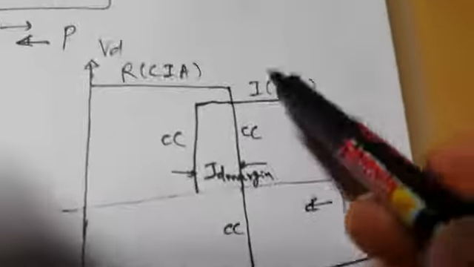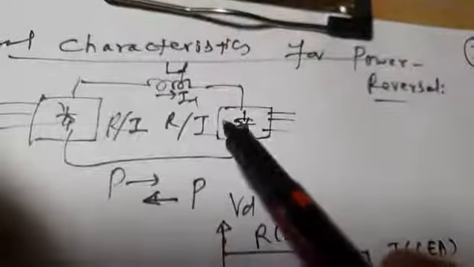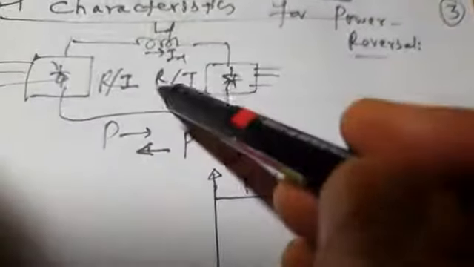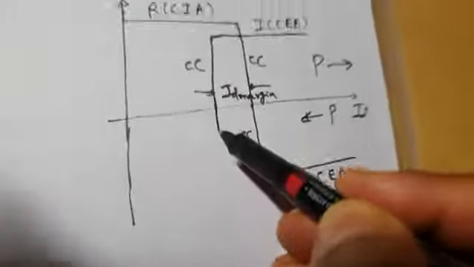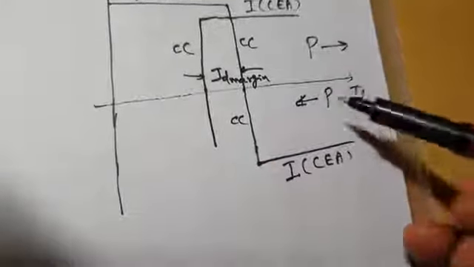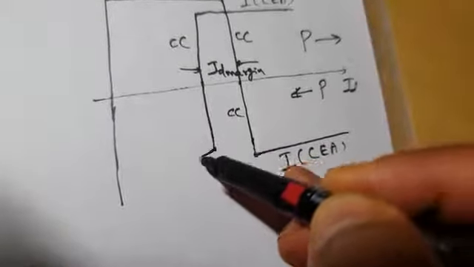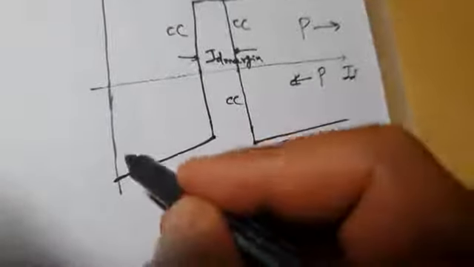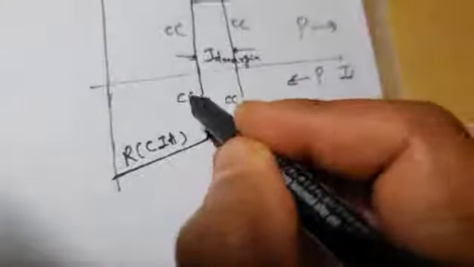And what will happen to your inverter characteristics? They will become rectifier characteristics, because for this direction of power flow your inverter now behaves as a rectifier. Let me show you. These were the inverter characteristics for the earlier direction of power flow, and now they become rectifier characteristics. Rectifier means constant ignition angle control and constant current control.